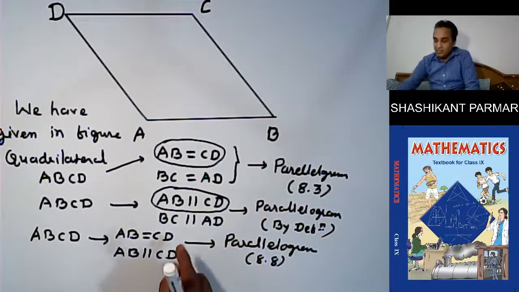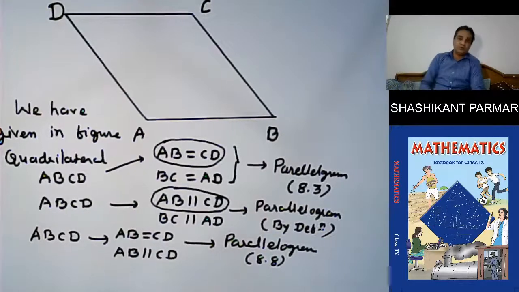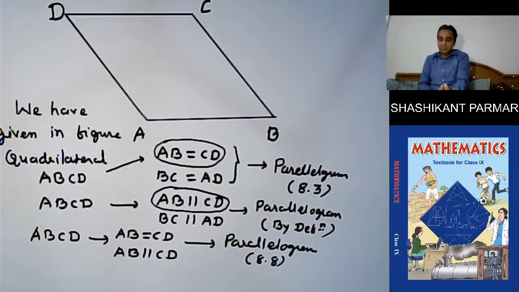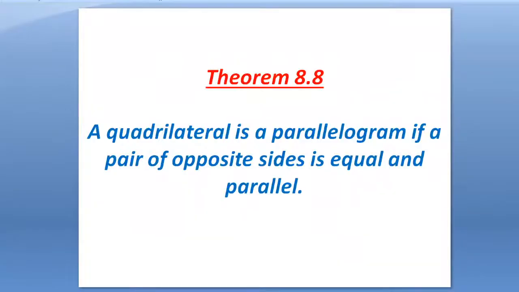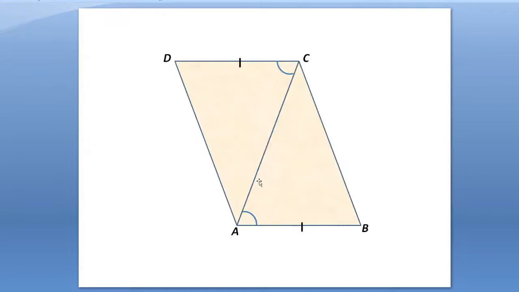Only one pair is equal and parallel, then it is a parallelogram. So that's why this is an important theorem. I think you understand well the statement of this theorem. Now see here. This is the figure. We are given quadrilateral ABCD where AB and CD are equal and parallel.